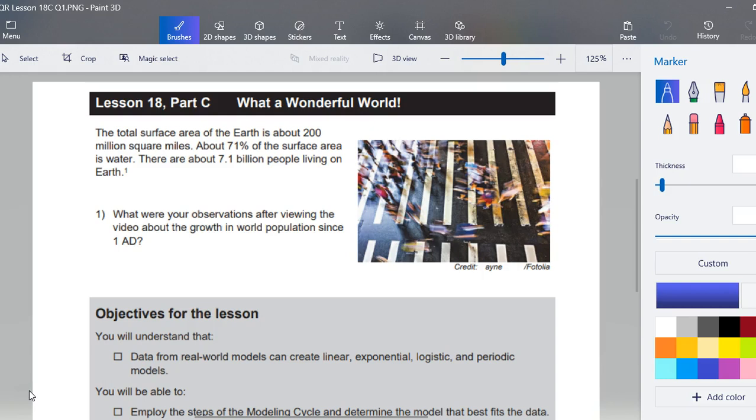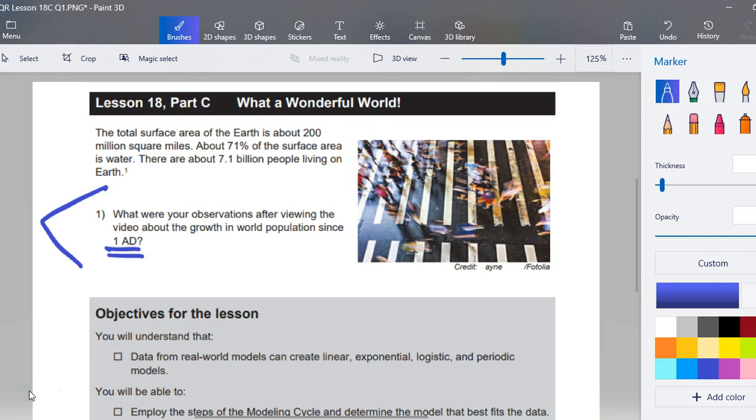However, the first part of this says in lesson 18C, the total surface area of the Earth is about 200 million square miles. About 71% of this area is water, and there are about 7.1 billion people living on Earth. Then it officially asks us, what were your observations after viewing the video about the growth in world population since 1 AD?